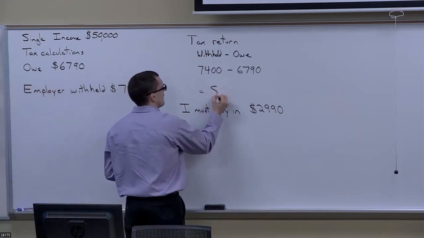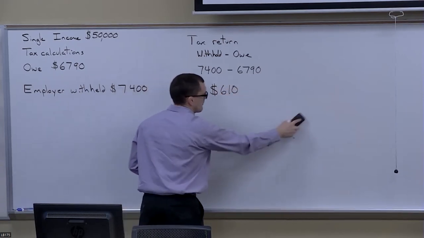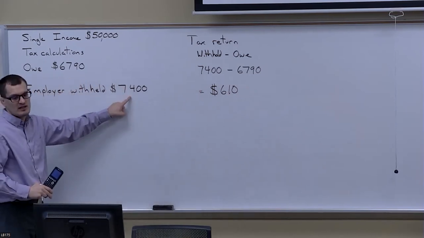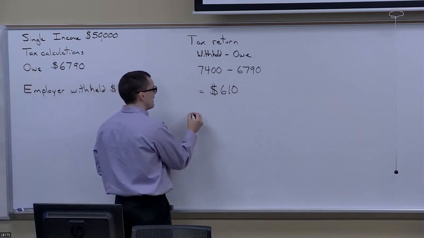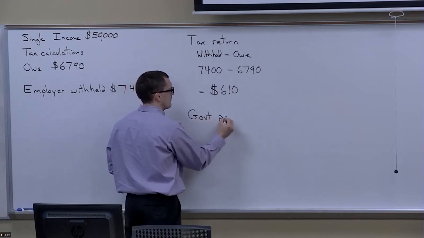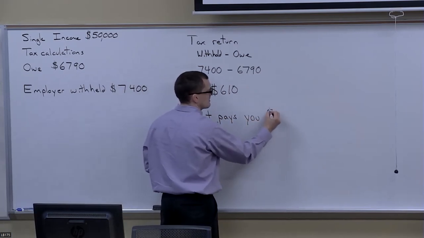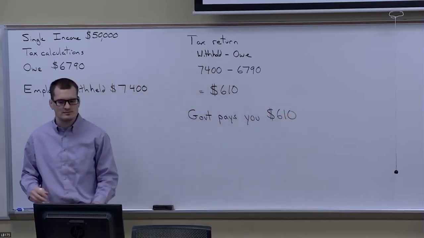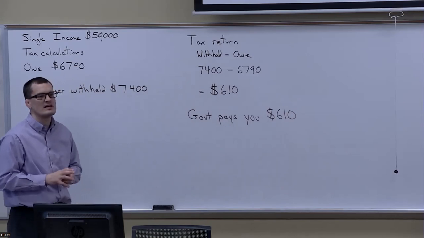So you get $610. Because you've already paid in extra, the income tax return will say that the government needs to pay you, in this case, $610, and you get a check from the government for that amount.